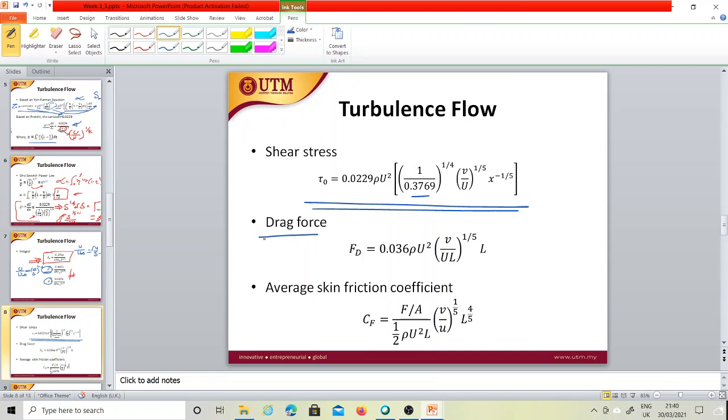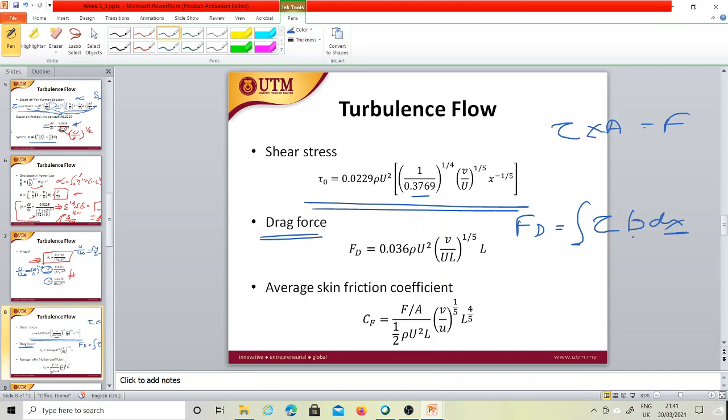And how do we get the drag force? The frictional drag in this case: if you multiply the stress by the area, you get the force, that is the drag force. So I multiply tau by the area, so you need to integrate dx, and b is the breadth.